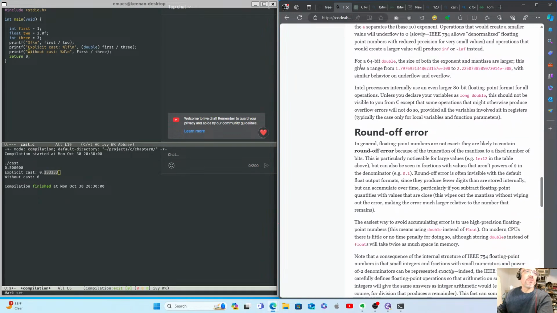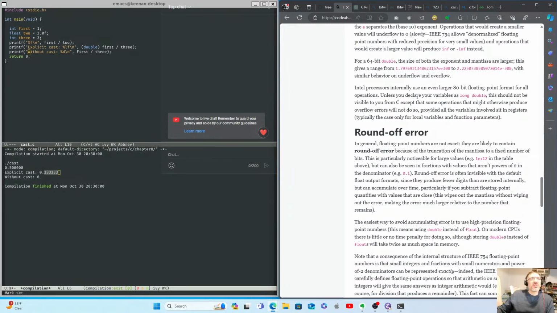For a 64-bit double, the size of both the exponent and mantissa are larger. This gives a range from 2.2250738585072014e-308 to 1.7976931348623157e308, with similar behavior on underflow and overflow.